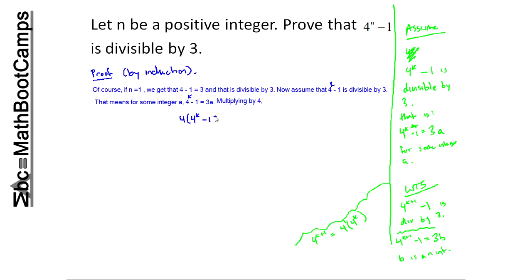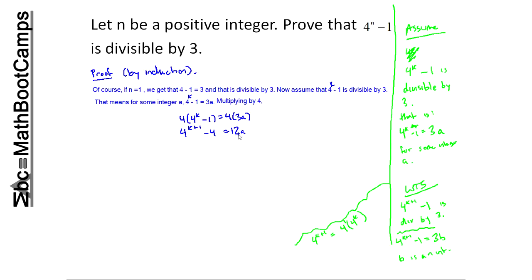Got to remember to write it like this. Equals 4 times 3a. All right, so this will simplify to 4 to the k plus 1, multiplying these two, minus 4, because it distributes, equals 12a.